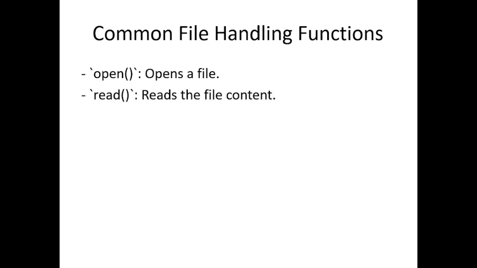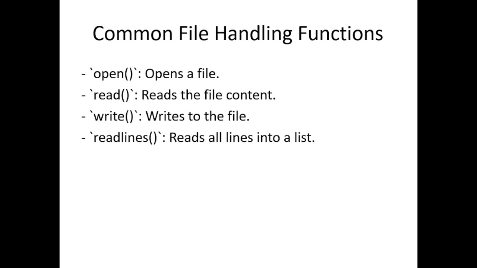Commonly used file handling functions: one is the open function to open the file, then the read function to read the file content, and the write function, which writes to the file as we saw in the previous example. readlines reads all the lines in the form of a list. The close function is just to close the file.